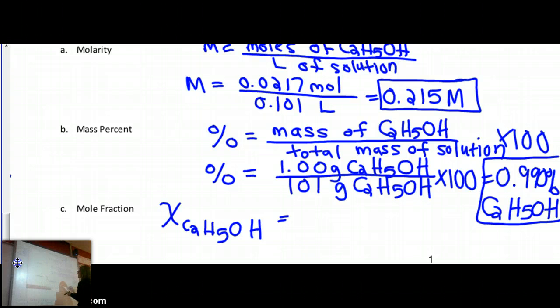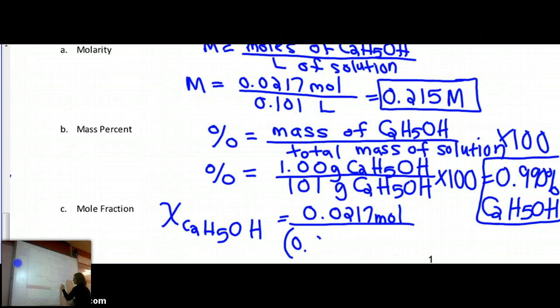Our moles of solute are 0.0217 moles of ethanol over the total moles. So we'll take 0.0217 moles, plus the moles of water. How do you calculate the moles of water? We have 100 grams, and then we need to divide it by 18.02 grams per mole. And that comes out to be 5.55 moles of water.